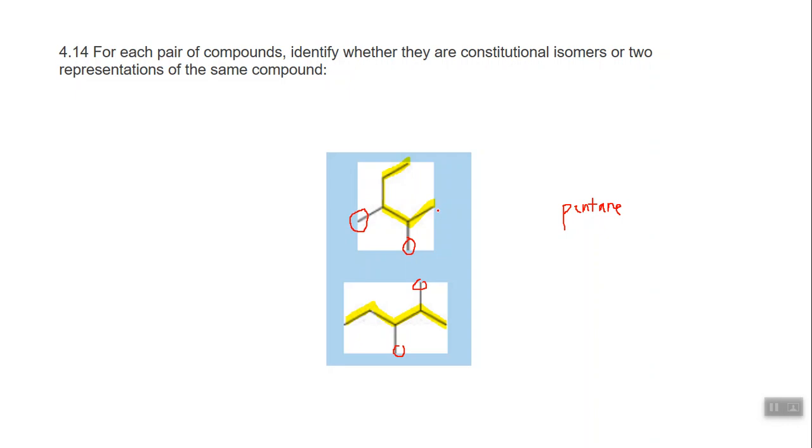But if I start numbering from this side, the right side, now my methyl groups are on carbon 2 and 3. And I'm going to do the same thing down below. I can see that if I start from the right side, I get lower numbers than starting from the left. And so it looks like in both of these cases, my 2 methyl groups are at the 2nd and the 3rd carbon.